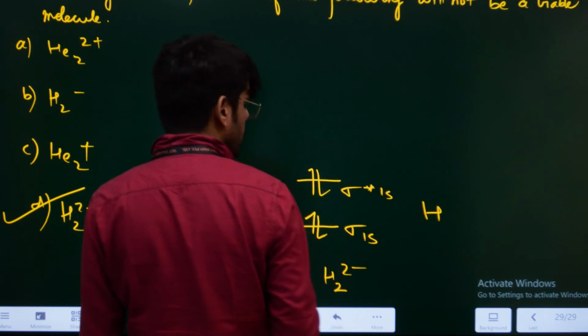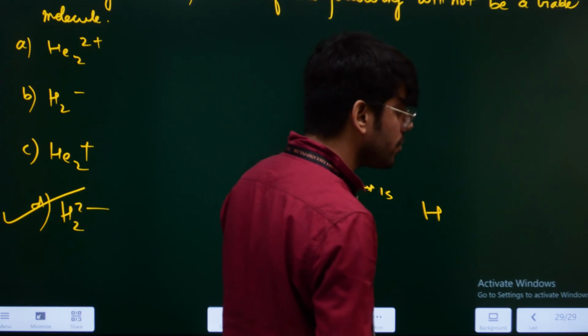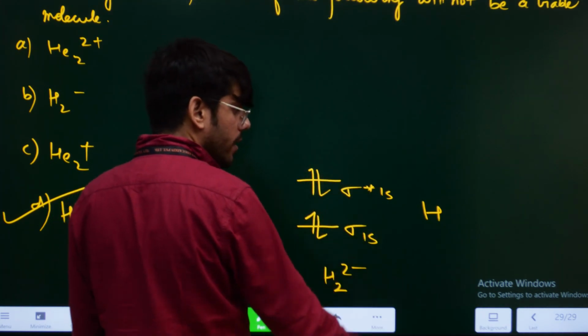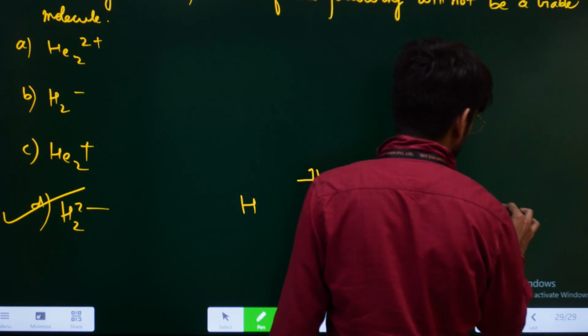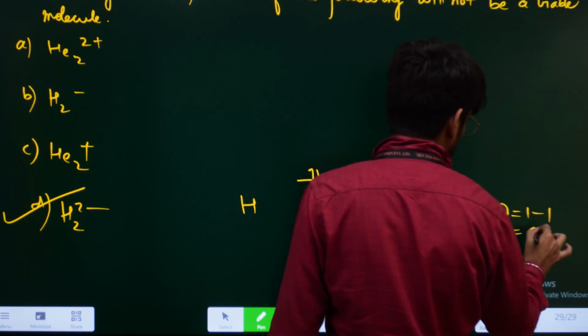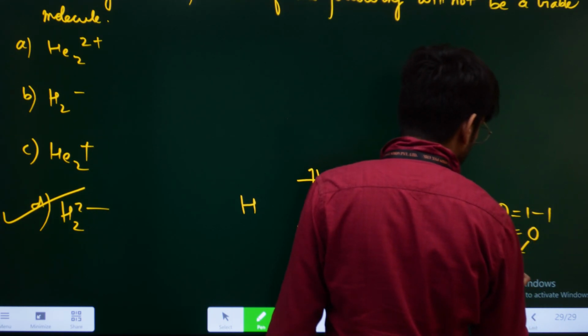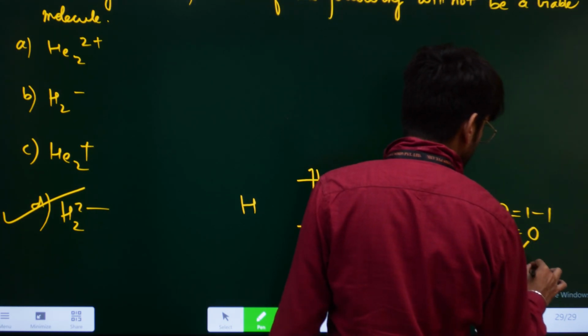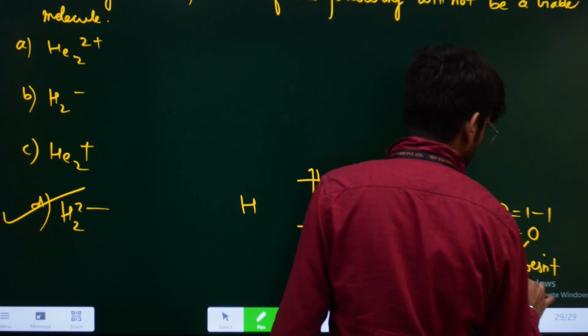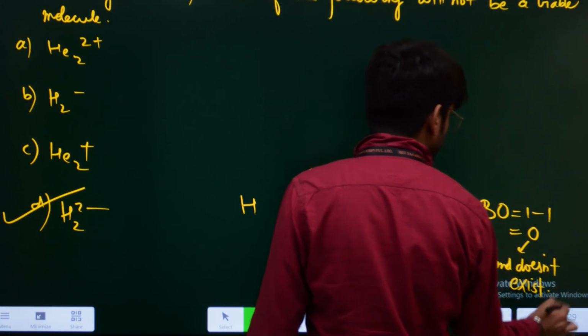You see? So the bond order is coming out to be 0. 1 minus 1. Yes or no? 0. And if the bond order is coming out to be 0, that means bond doesn't exist. Tell me if this is clear.